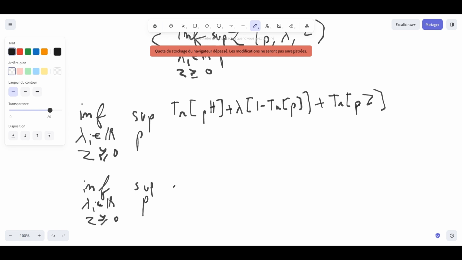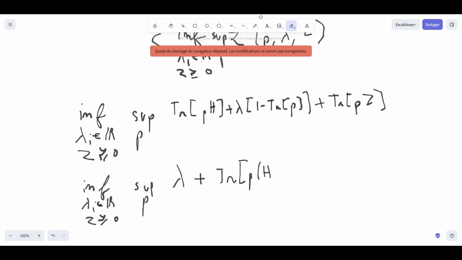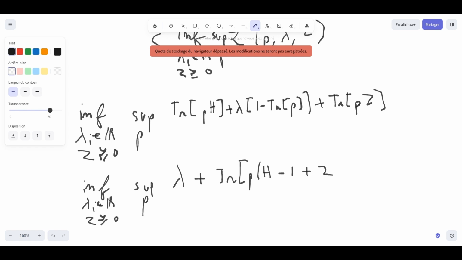So lambda can go outside, and the rest is multiplied by trace of P: trace of P multiplied by H minus lambda plus Z.